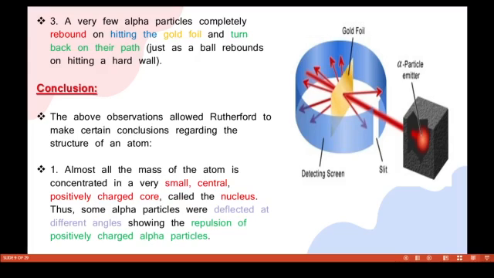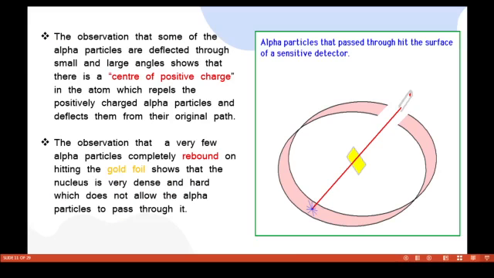The nucleus is also a positively charged particle, so both of them deflect. The observation that some of the alpha particles are deflected through small and large angles shows that there is a center of positive charge in the atom which repels the positively charged alpha particles and deflects them from their original path.